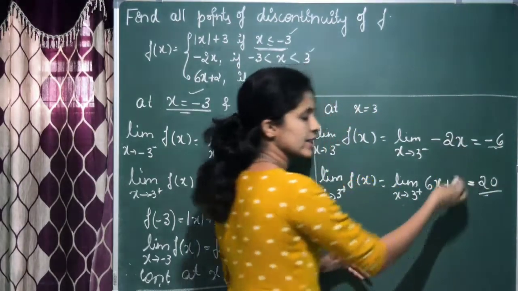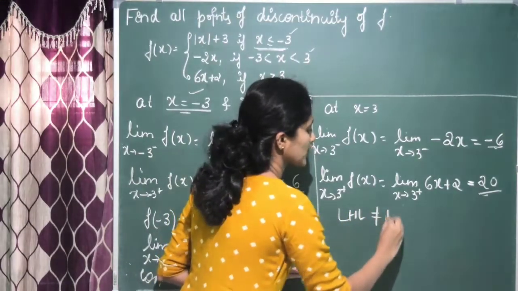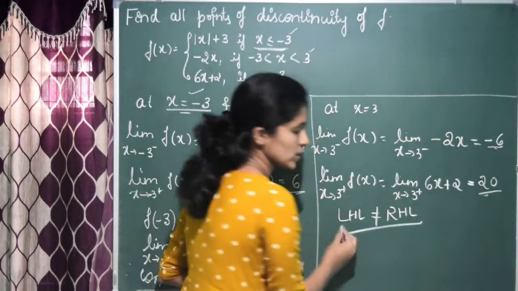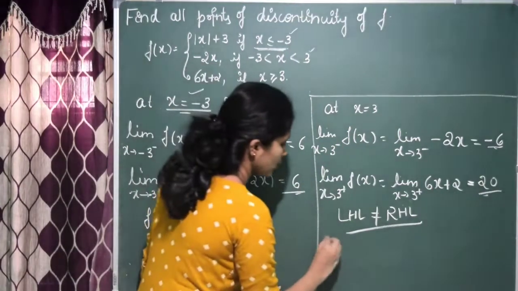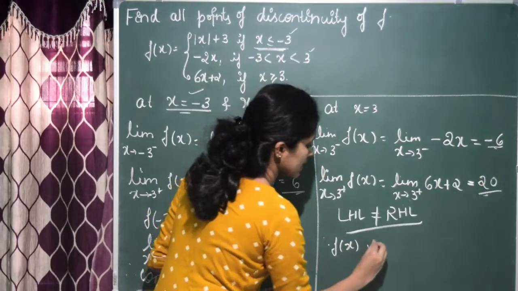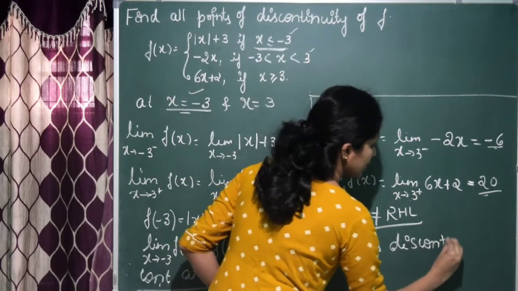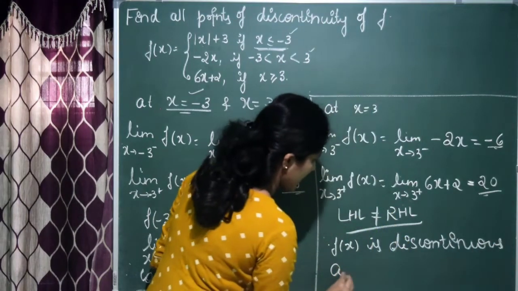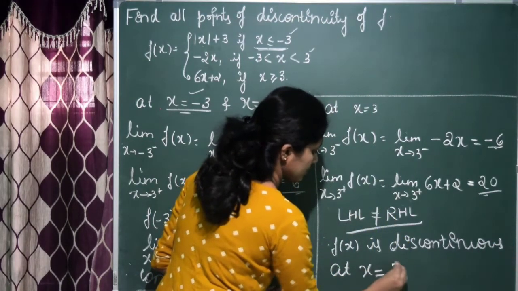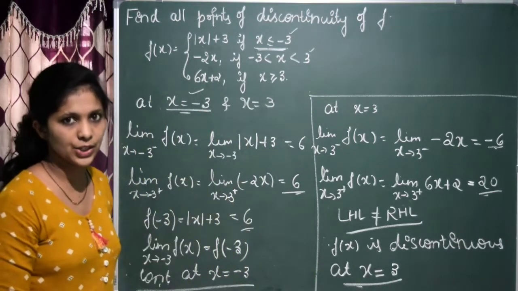Here we can say that the left hand limit is not equal to the right hand limit. So the function is discontinuous at x is equal to 3. Therefore the function f of x is discontinuous at x is equal to 3. But at x is equal to minus 3, the function is continuous.